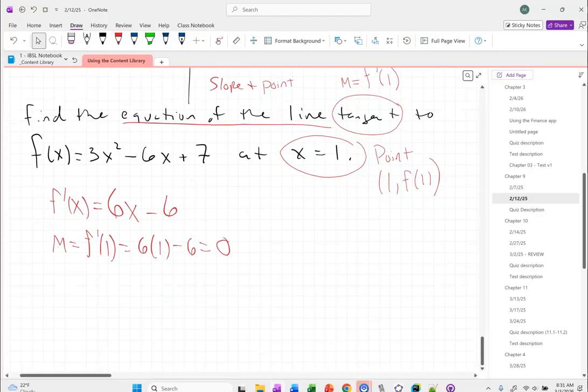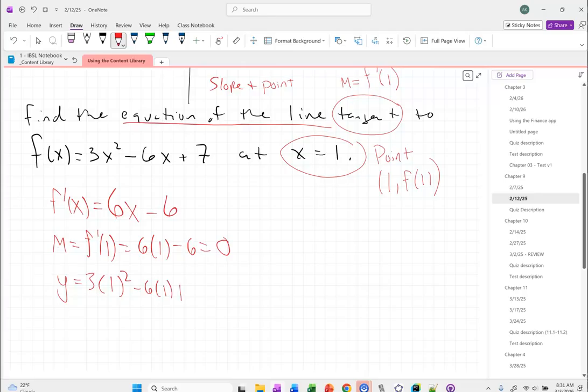Okay. So my y value for my point is going to be 3 minus 6 plus 7, which is 4.